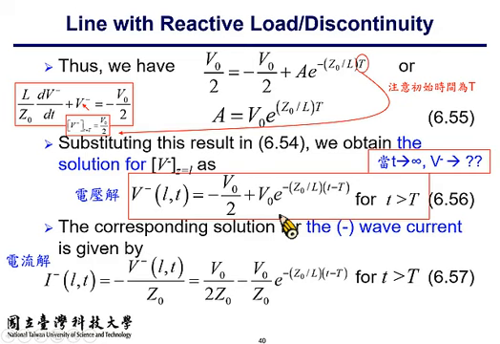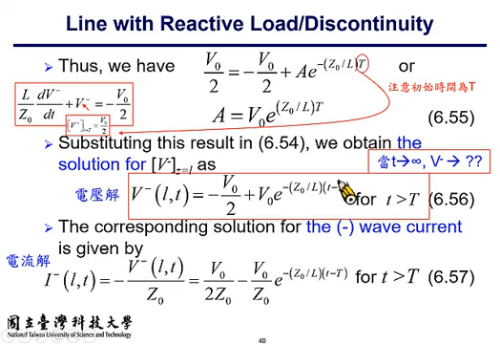So if lowercase t approaches infinity, this will be a large negative number. No, I'm sorry, a large positive number. However, because of the minus sign, the exponential part becomes a very small number.